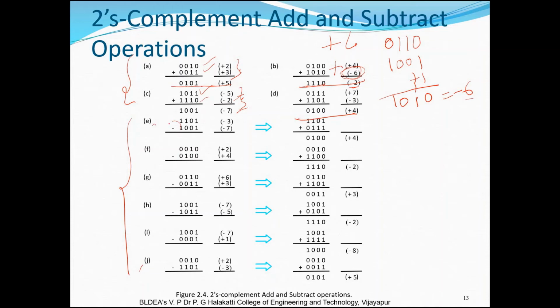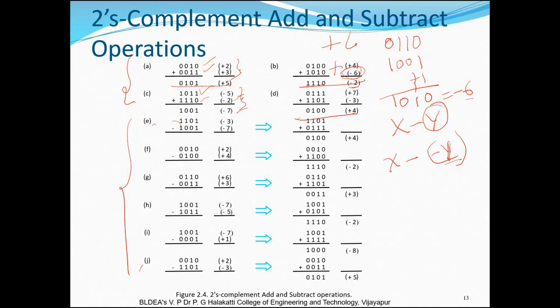That is, if you are performing subtraction of x minus y, then you have to take the 2's complement of y. Remember, y is not always positive. Y can also be a negative value. So you can see here y is minus 7.